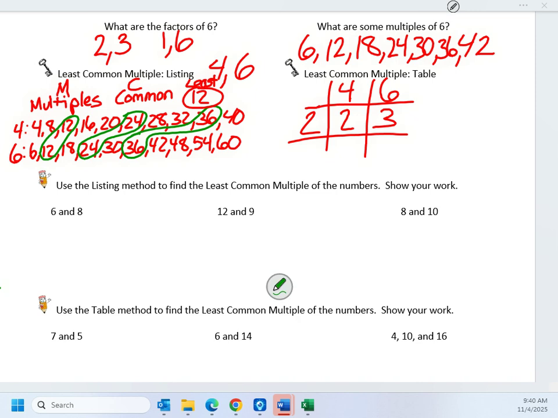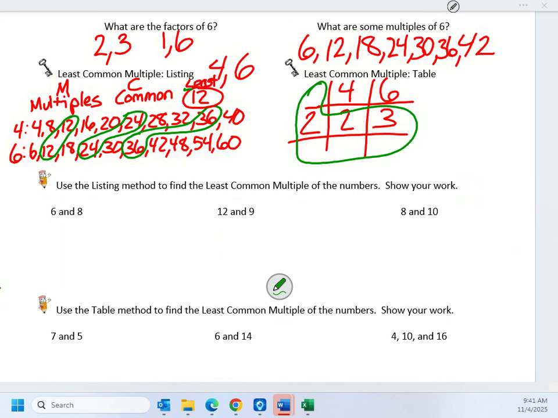Now with the greatest common factor, we just multiply together anything on the left side. With the least common multiple, we are going to make an L, and we're going to circle anything we pulled out on the left, and we're going to include the bottom row.